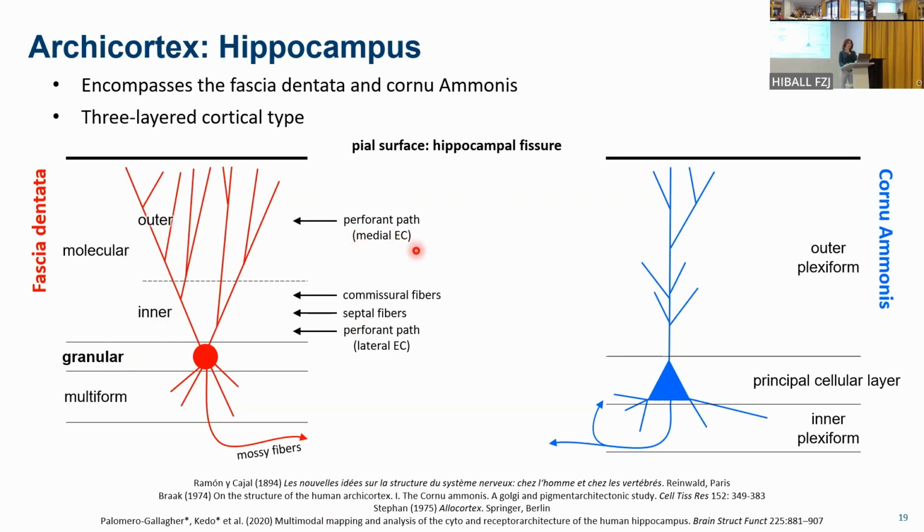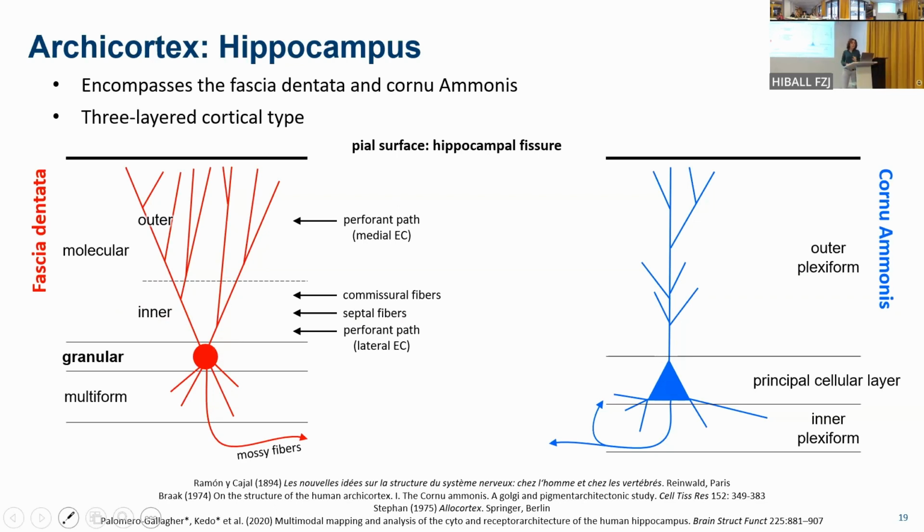Because the outer molecular layer is the one that receives input from the entorhinal cortex, and the inner molecular layer is the one that receives information from the hippocampus from the upper hemisphere, okay? This is, very simply put, the main difference between these two parts of the molecular layer.